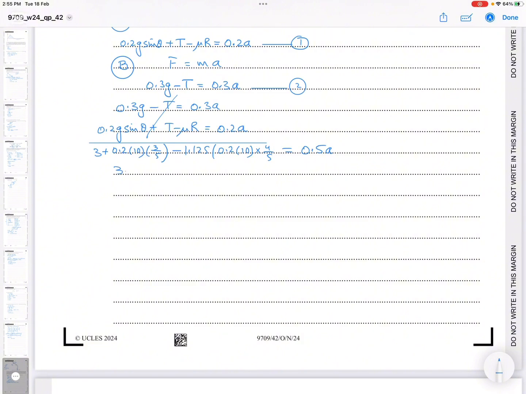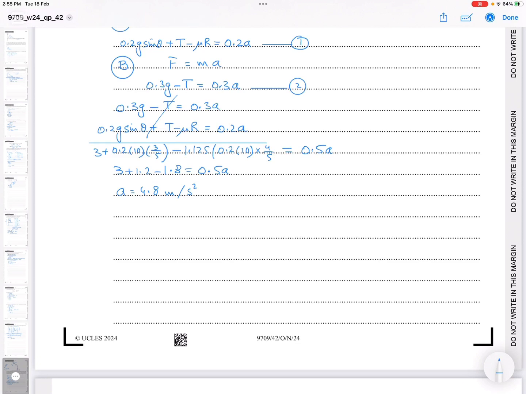Simplify whole of it. 3 plus 1.2 minus 1.8 is equal to 0.5a. A is 4.8 meter per second square.